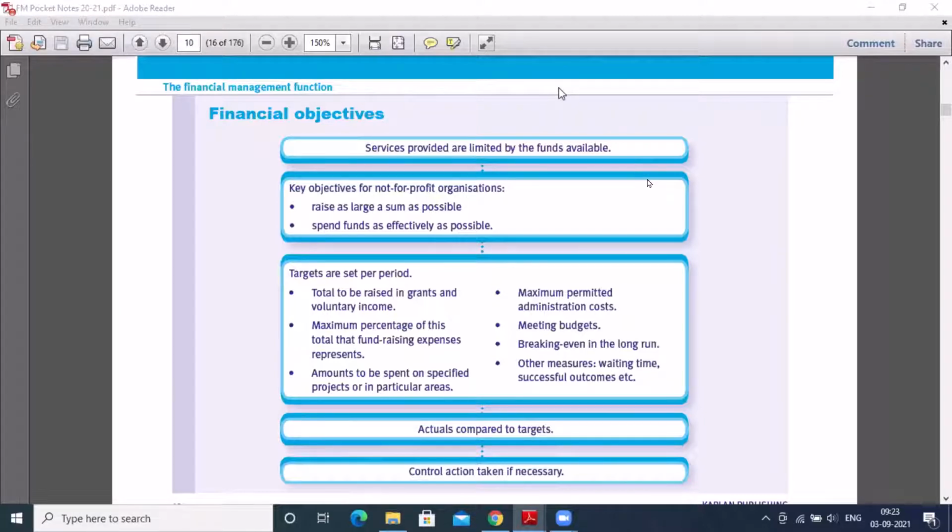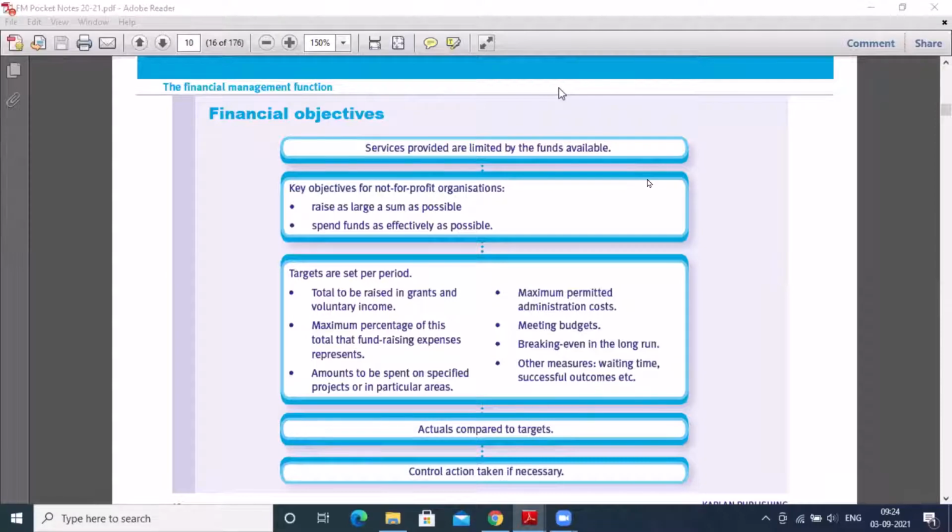So the key objective of a not-for-profit organization is to raise as much as possible. And the next one is to spend the funds effectively. It means whatever funds are collected from the subscribers or from the donors ought to be effectively utilized. It means they should not unnecessarily spend the amount.